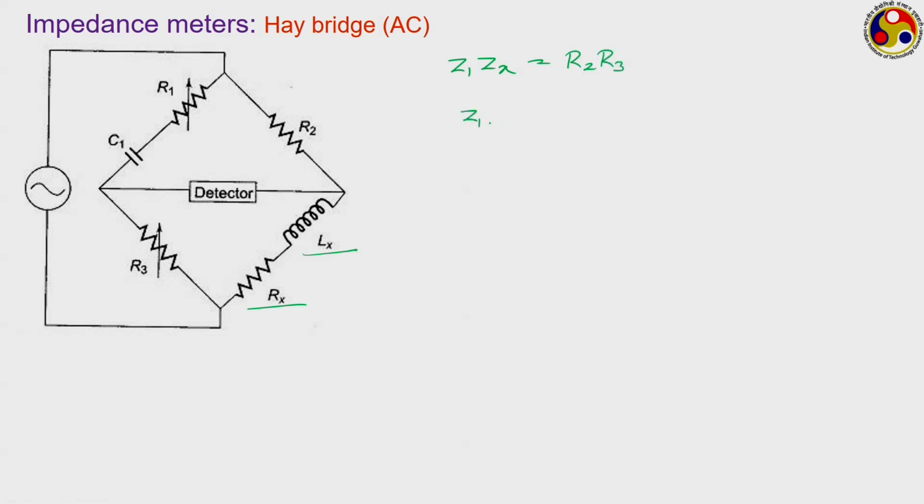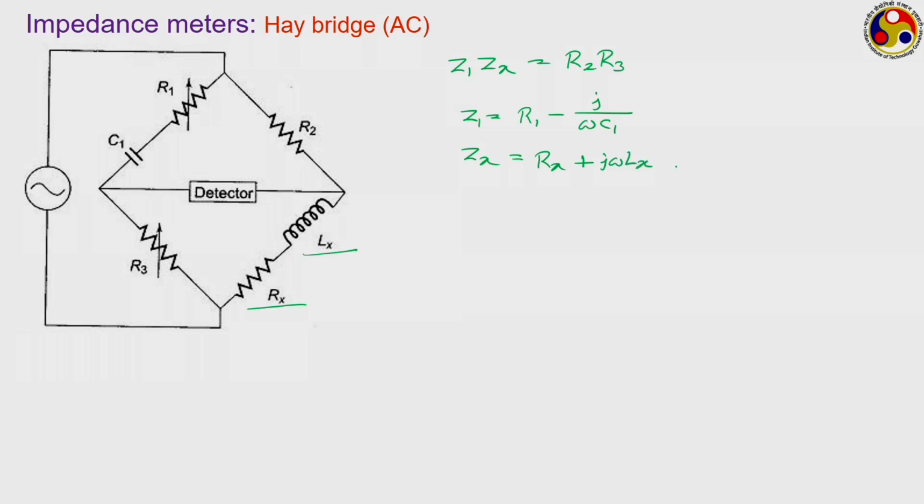Now Z1, as we have resistance and capacitance, we write as R1 minus j upon omega C1. And Zx, now it is not capacitance, it is an inductance in the picture. So how should we write it? I hope you remember this. It is Rx plus, just the opposite way we do for capacitance, plus j omega Lx.